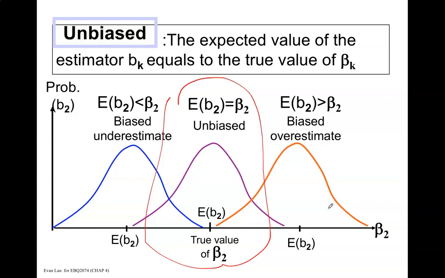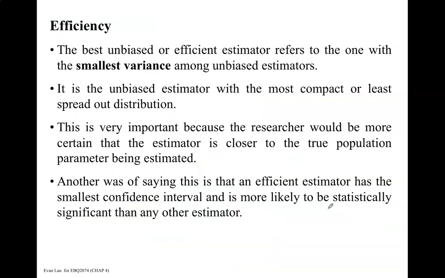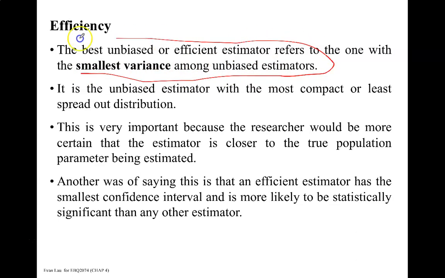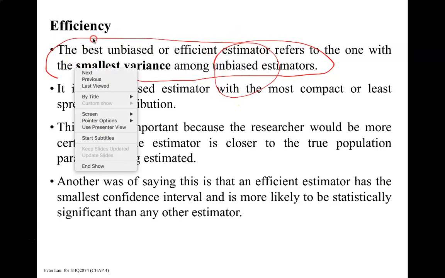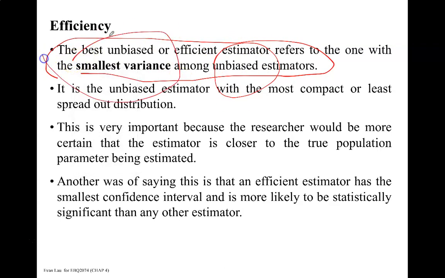All right, for the estimator, the next term, the third one here, is called efficiency. We want the best unbiased, or efficient, estimator, which refers to the one with the smallest variance among the unbiased estimators. It must be unbiased first, then you have the smallest variance. Smallest variance is very much related to homoskedasticity and the related assumption from the earlier one.